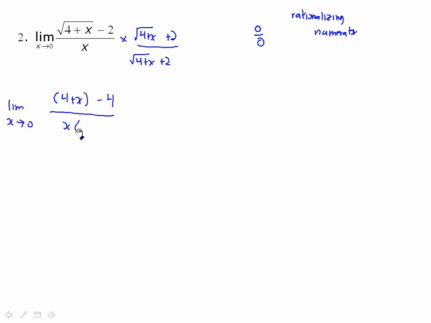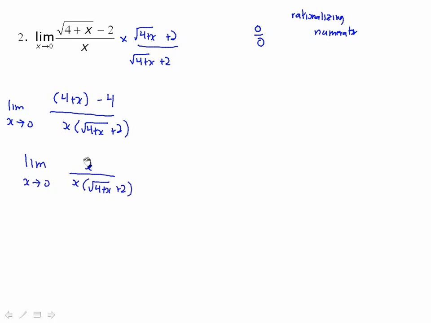All then multiplied by x times the root of 4 plus x plus 2. As we go further, 4 plus x minus 4, the 4's are going to cancel and we have just x. And that's going to be x on the denominator multiplied by the root of 4 plus x plus 2.